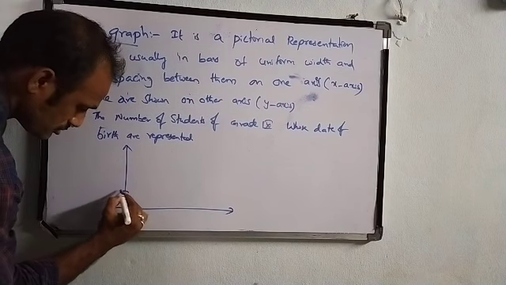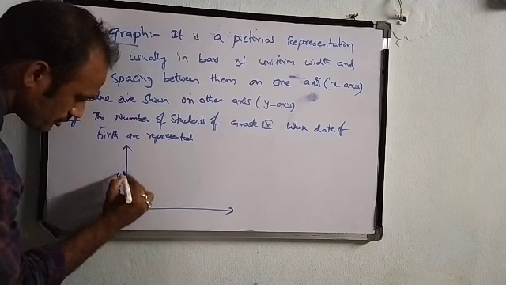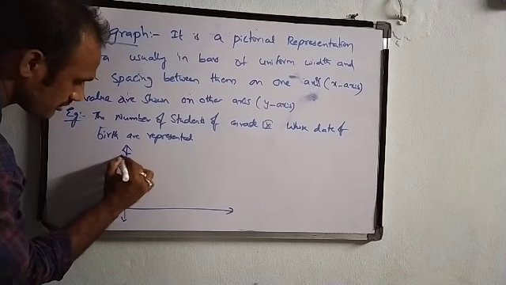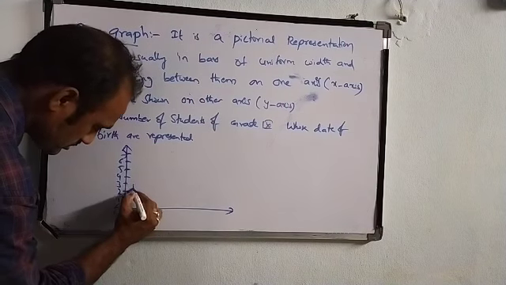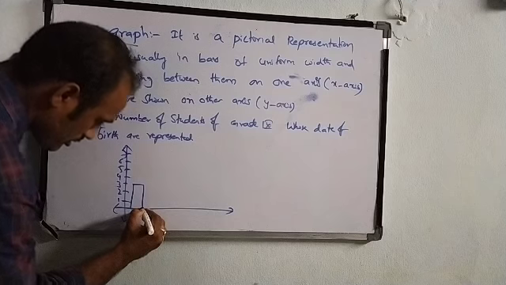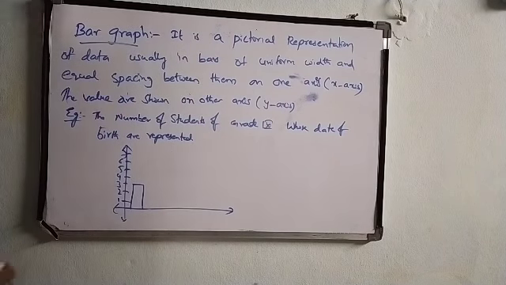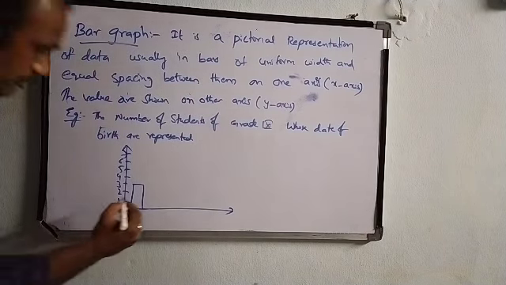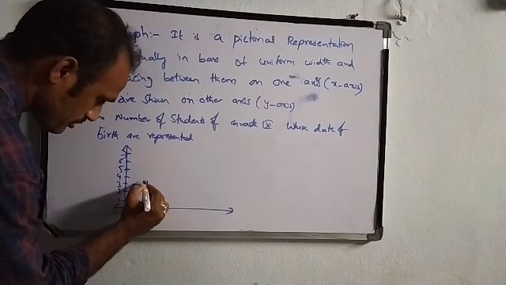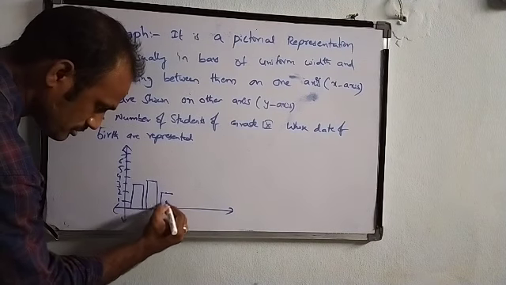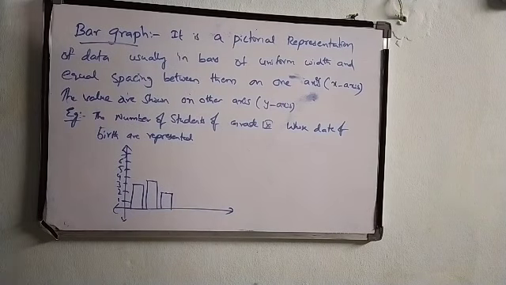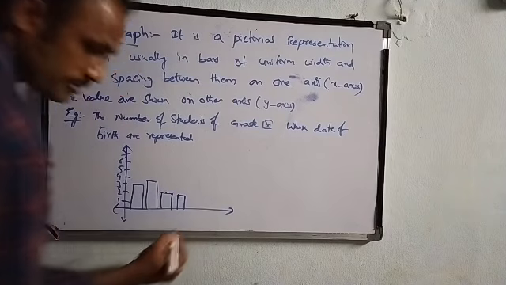Here 1, 2, 3, 4, 5, 6, 7. In January he is giving it as 3 units, in February 4 units, in March 2 units, April 2 units.